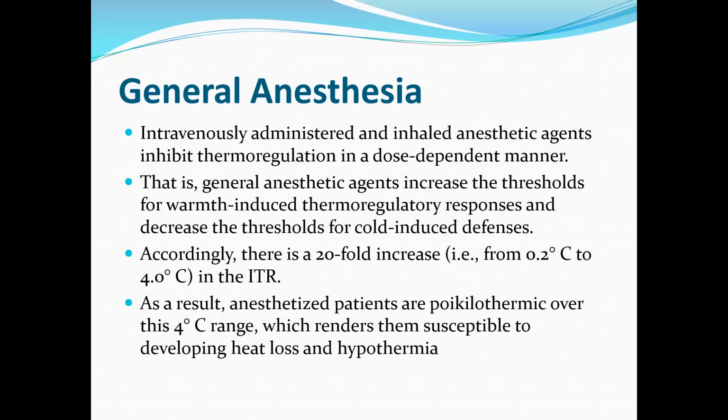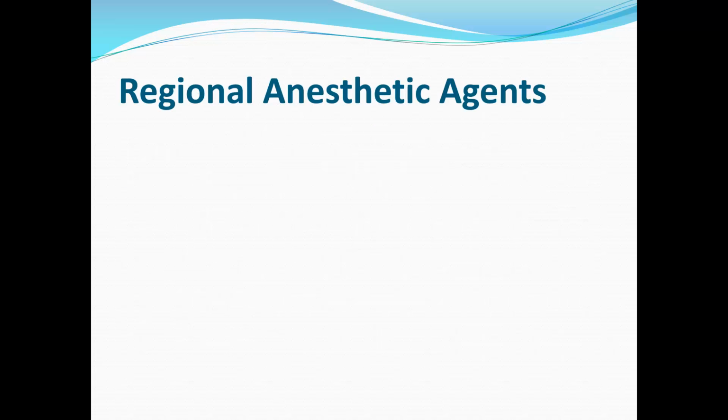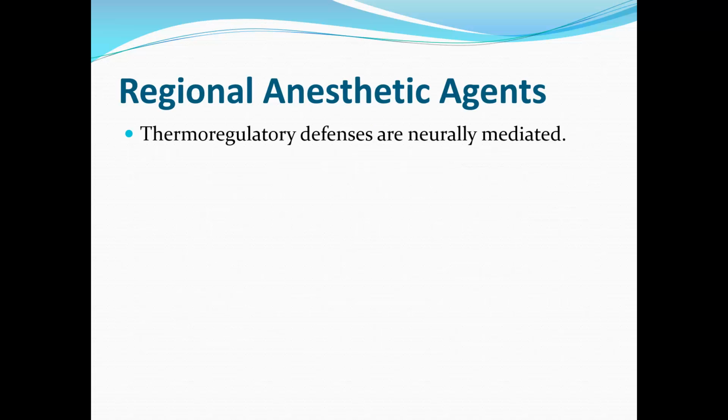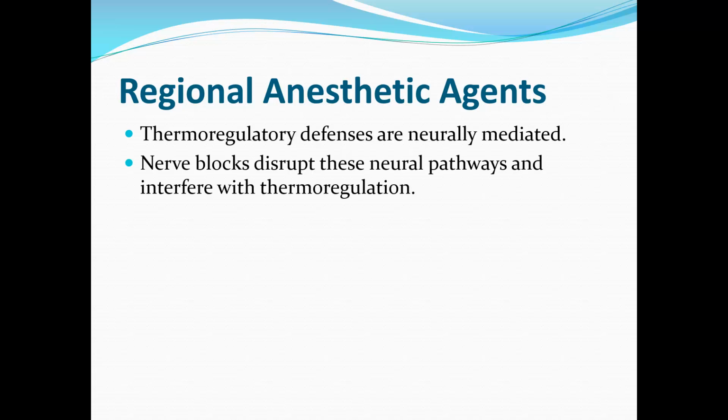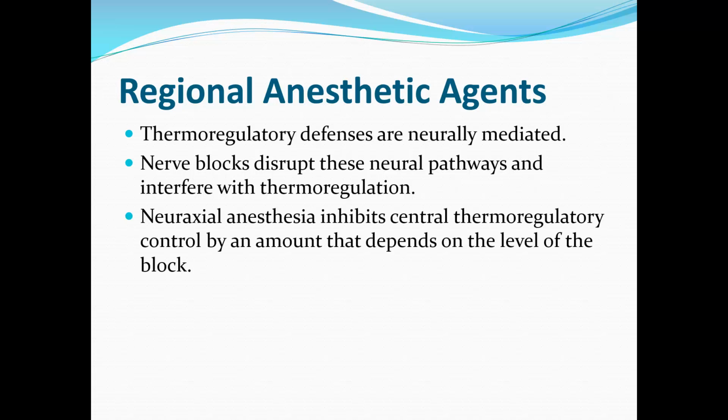As a result, you can consider anesthetized patients poikilothermic over this 4 degrees Celsius range, which renders them susceptible to significant heat loss and hypothermia. What about regional anesthesia? Again, thermoregulatory defense mechanisms are neurally mediated, and when you do a nerve block, this disrupts the neural pathway and interferes with thermoregulation.